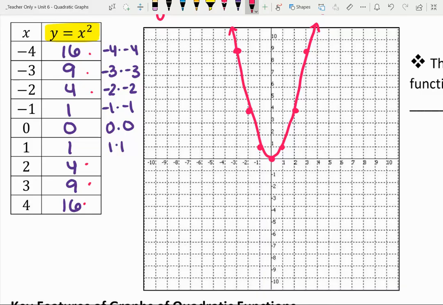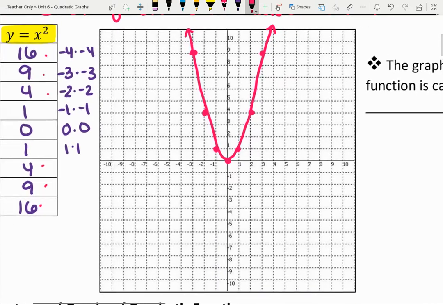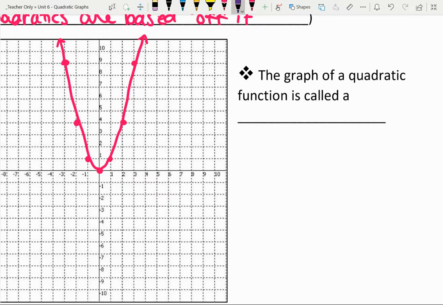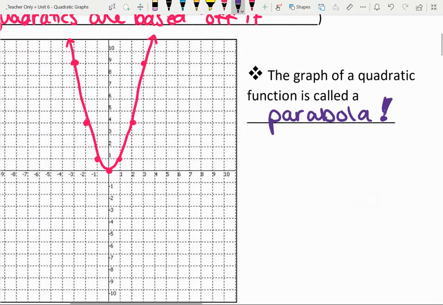If you don't quite remember what this kind of graph is called, this is a parabola. Every quadratic function graph is called a parabola. Like linear functions are called lines, quadratic functions are called parabolas.